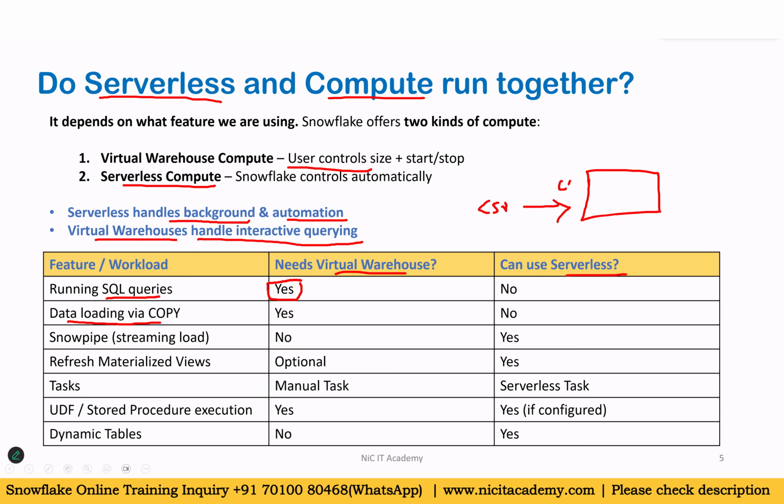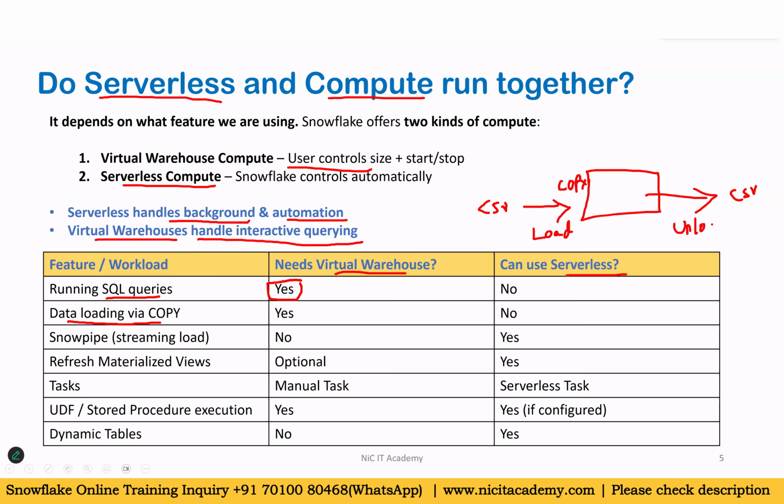We will use the copy command, we'll see that tomorrow. Data unloading means from Snowflake to outside, like a CSV or some format. This is also the copy command only, but it's called unload. This is called loading, data loading, data unloading.